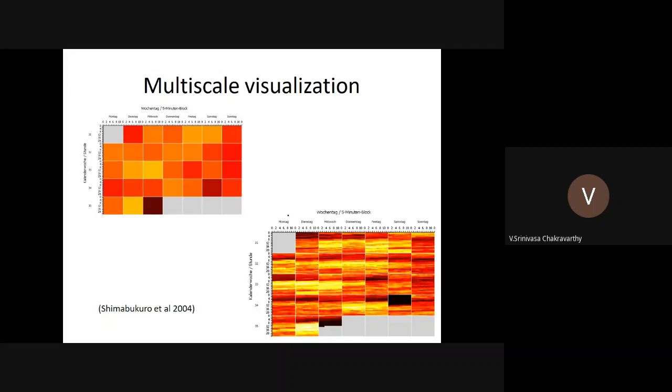So similarly, multi-scale visualization. I think this text is very small here, unfortunately, in this figure. So basically, they are showing variation of some quantity over a calendar month at 2 time scales. One time scale is at the scale of days, another time scale at the scale of minutes, right? So look at this graph.